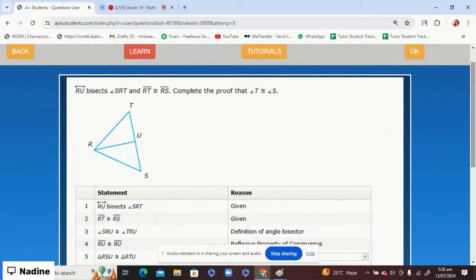They are saying that RU bisects the angle SRT, and the RT line is congruent to the RS line. So complete the proof that angle T and angle S are congruent.